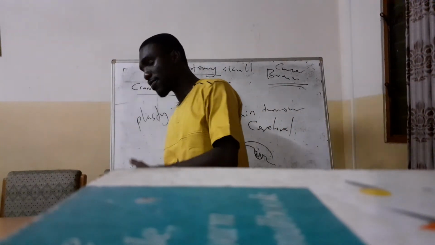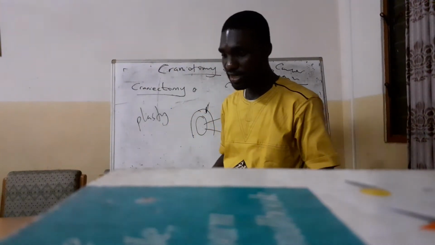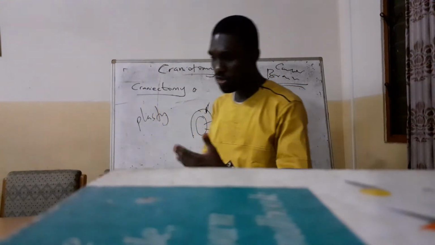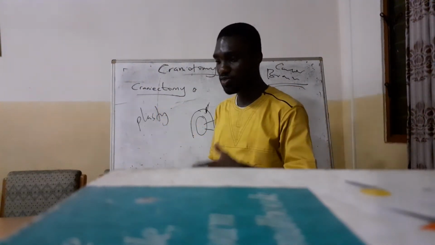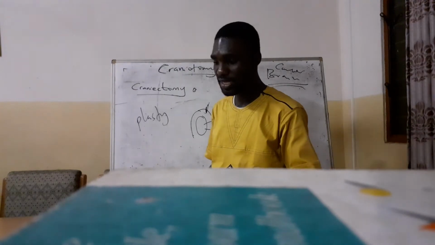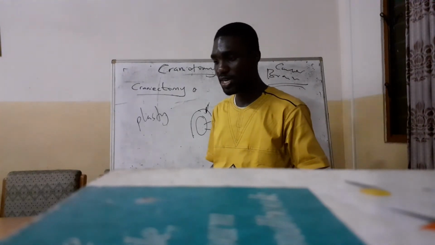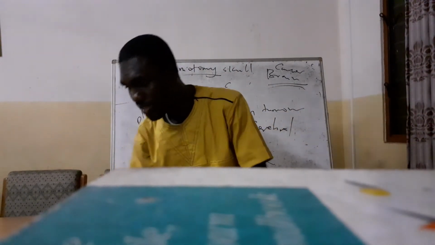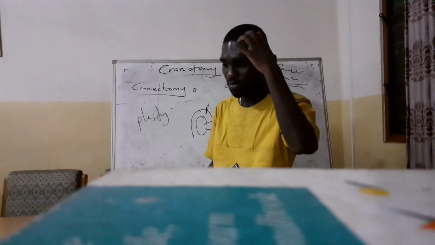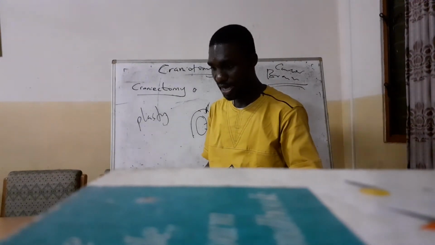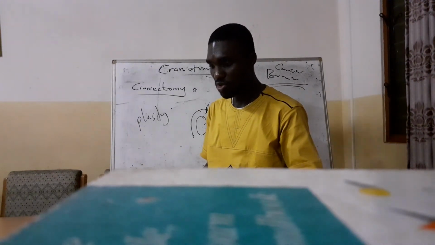So check for continuous drainage, right? And then you suction the patient where necessary. You administer oxygen where necessary. You assess for signs of increased intracranial pressure, right? Monitor SpO2. Assess for CSF leakage from the site, right? And then if it's present, you report.